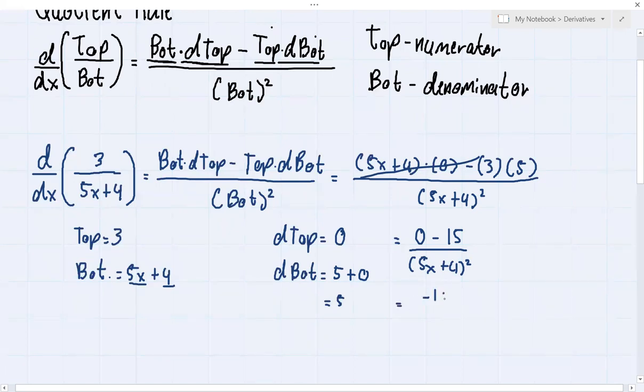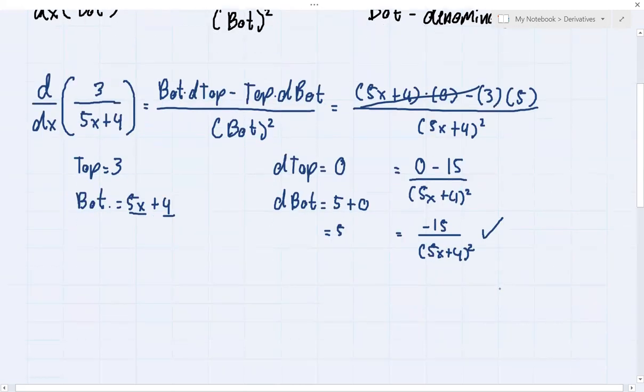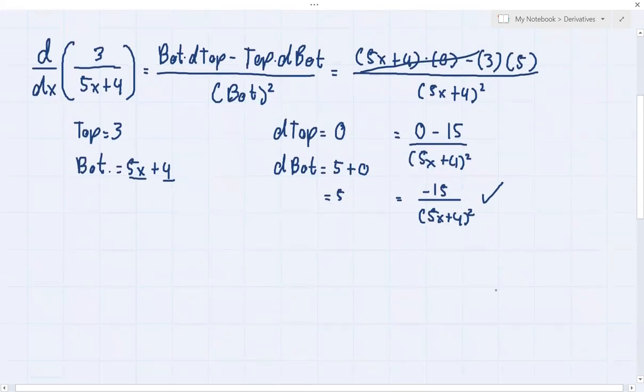So, let's go. 0 minus 15, negative 15, all over the square of 5x plus 4 raised to 2. So, this is also your correct answer. This is now your final answer. Negative 15 all over the square of 5x plus 4. Diba? It's easy. Okay?